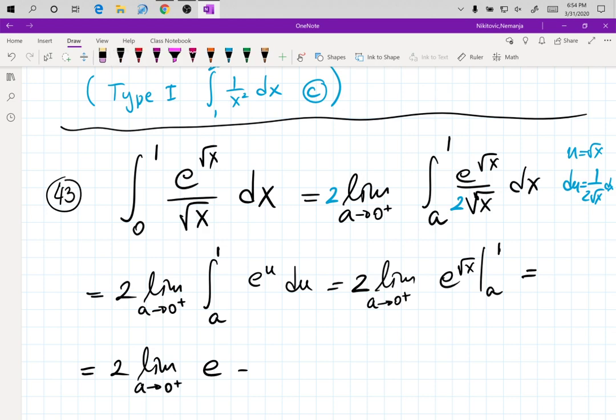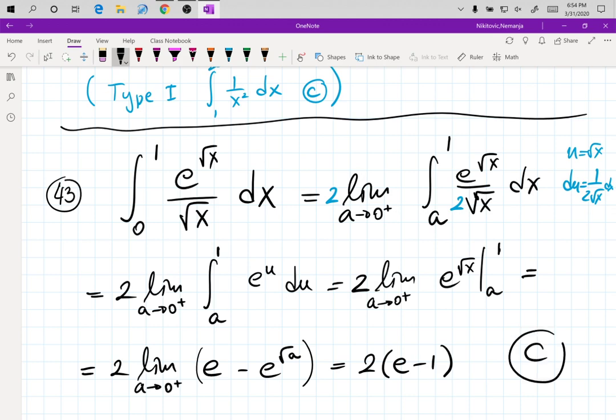So e to the 1 is e, minus e to the root a. But a is going to 0. So this is just 2e minus 1. Converges. You can punch this into your calculator and get the decimals if you want. It's about 3.4. So it's not that bad. It's easy to compute.